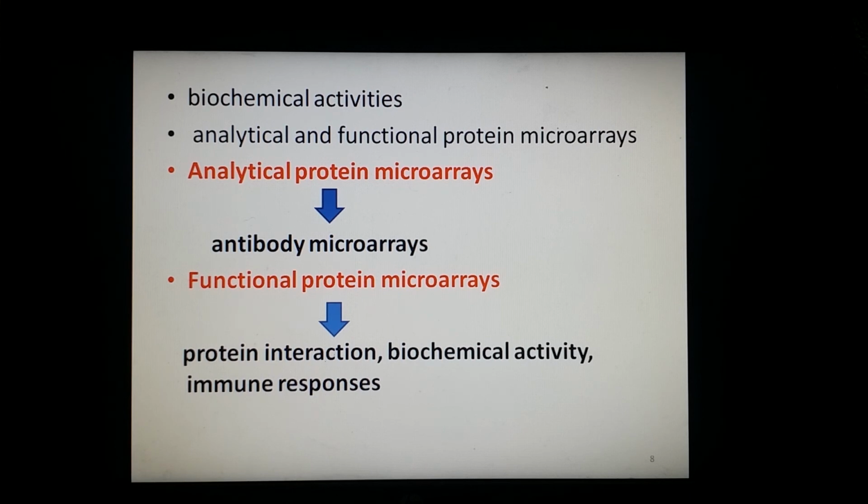Analytical protein microarrays are mostly antibody microarrays, and they have become one of the most powerful multiplex detection technologies. Functional protein microarrays are being increasingly applied to many areas of biological discovery, including studies of protein interaction, biochemical activity, and immune responses. Recently, great progress has been achieved in both classes of protein microarrays in terms of sensitivity, specificity, and expanded application.